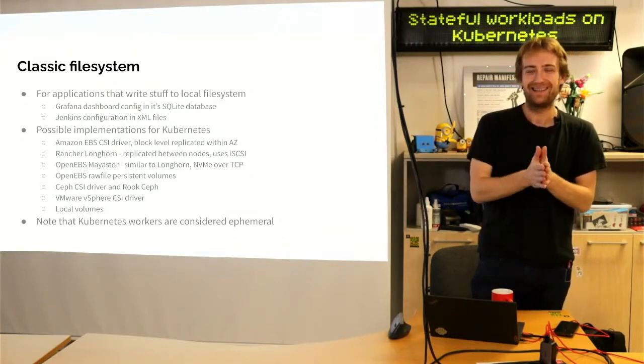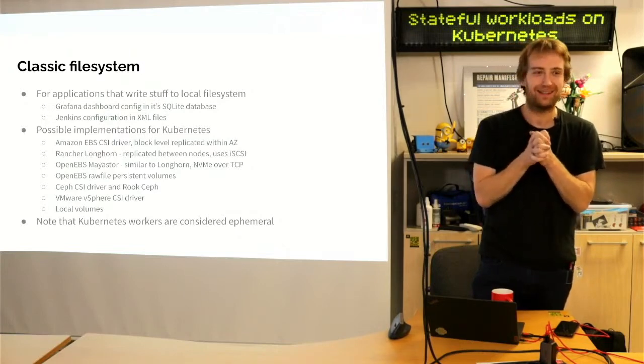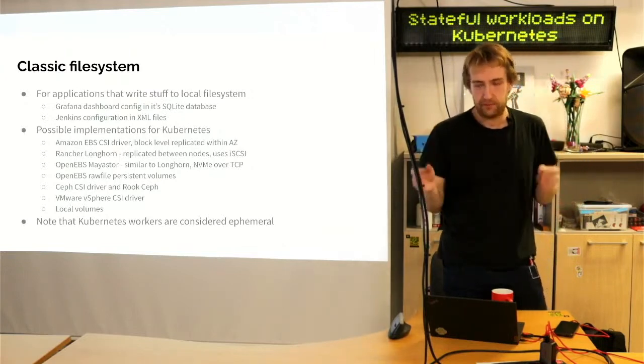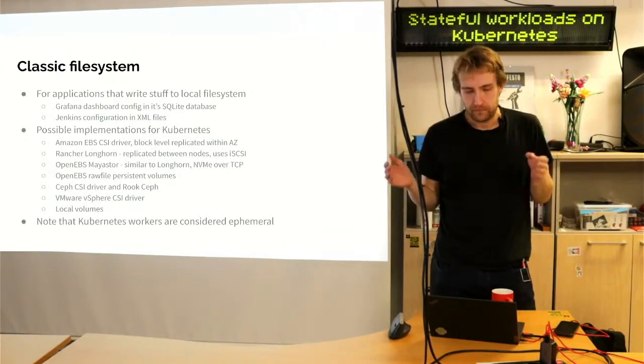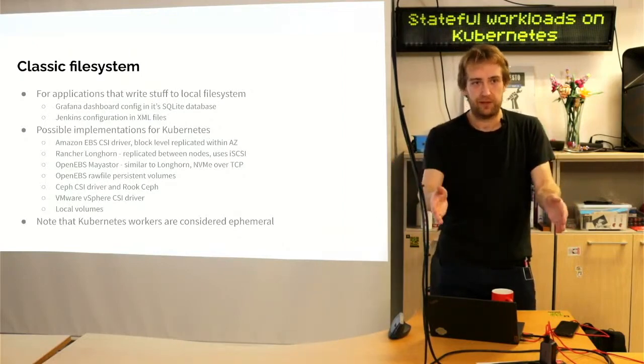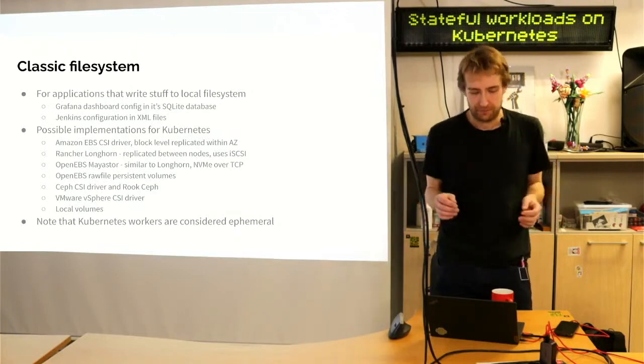When I looked into it, I was a bit shocked: who does databases with XML files? But yes, Jenkins does that. And to run Jenkins in a Kubernetes cluster, you would need to provide it with a classical file system where it can write its stuff, and figure out the rest.